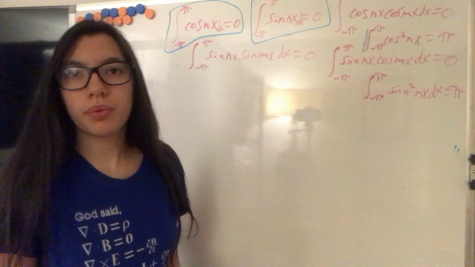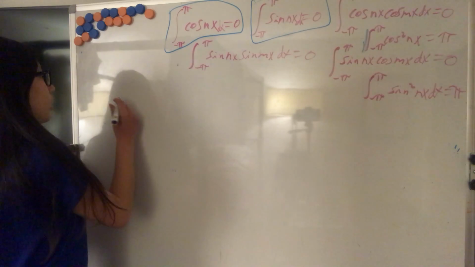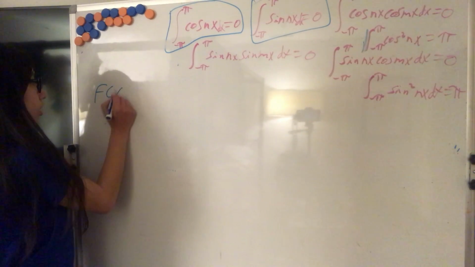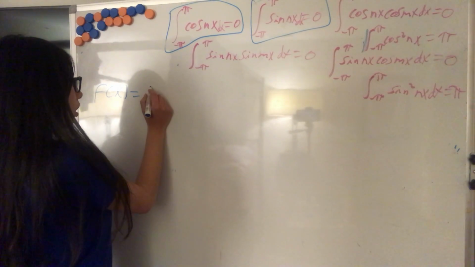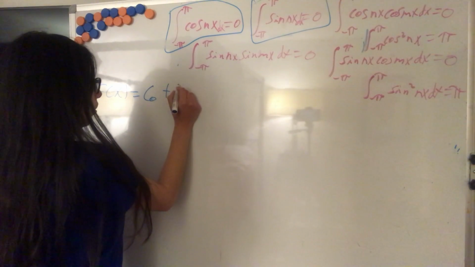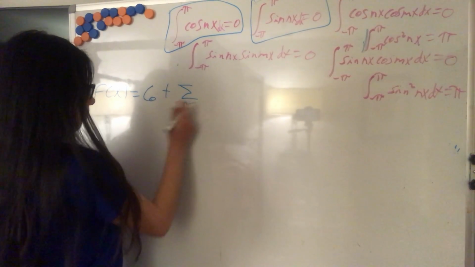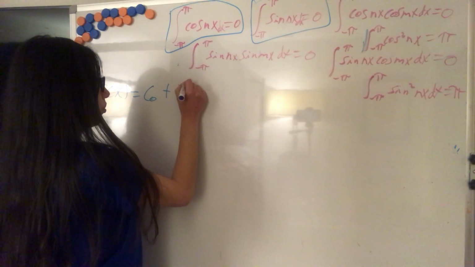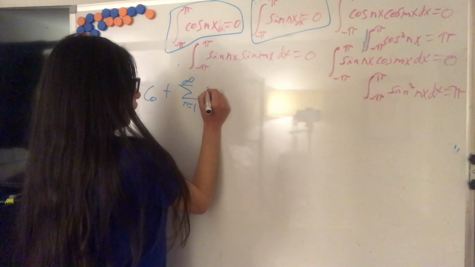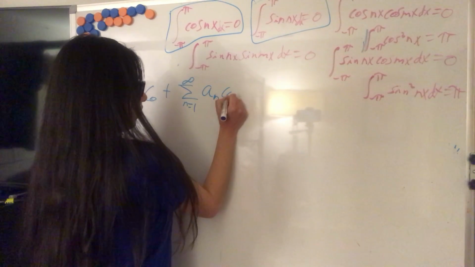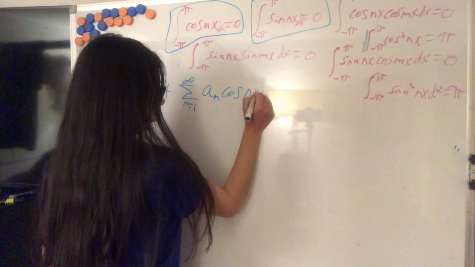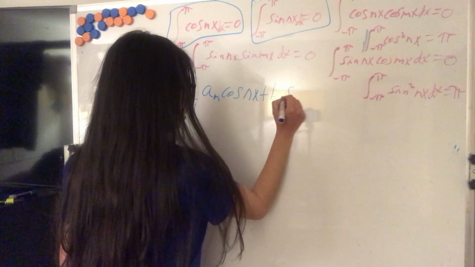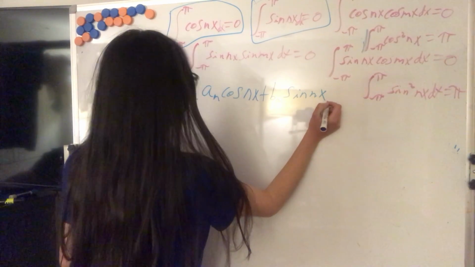So in the previous video we saw that the Fourier series f of x equals some constant plus the summation of all the terms from n equals 1 to infinity of a sub n cosine of nx plus b sub n sine of nx.